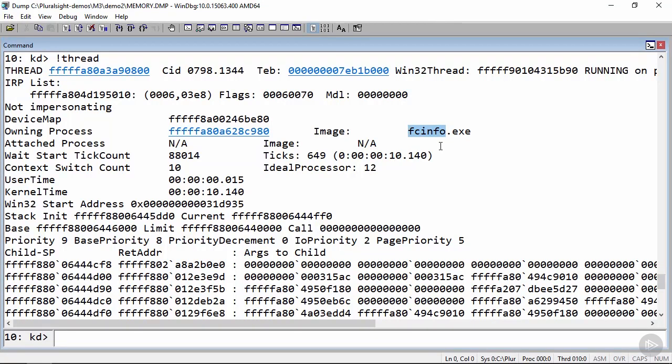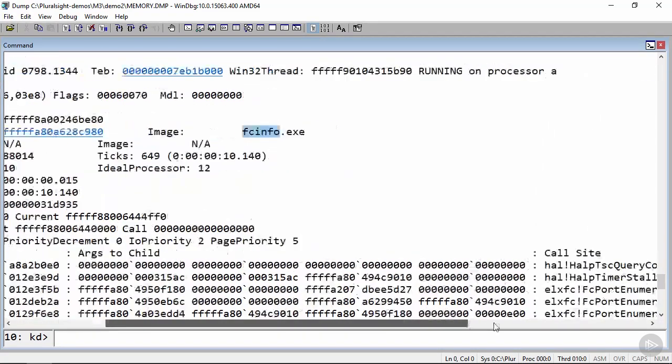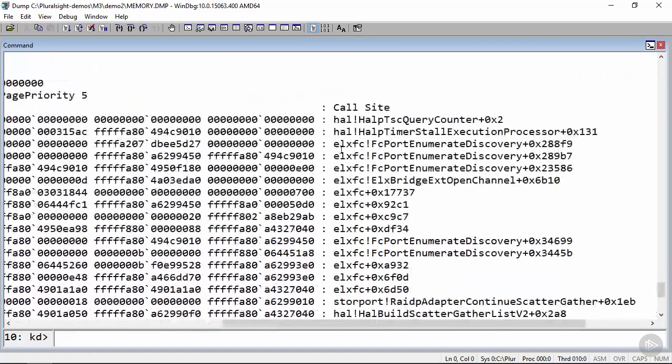So you can see we had not only the HBA discover service enumerating various devices, so was this FCinfo application. And if we look over at its stack, you can see that indeed it is the one that was exercising the ELX FC driver, trying to enumerate the different devices out there.